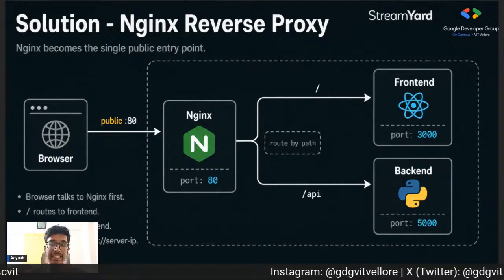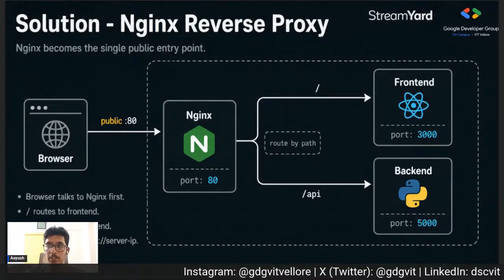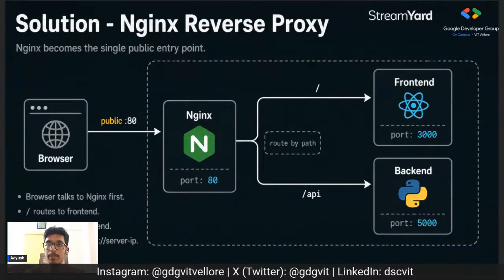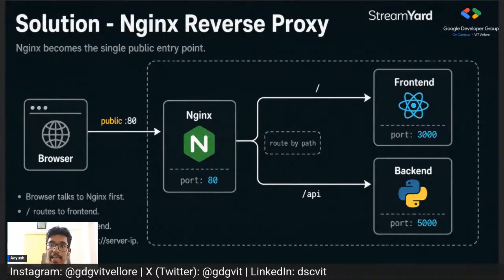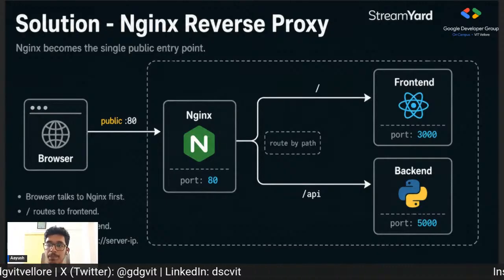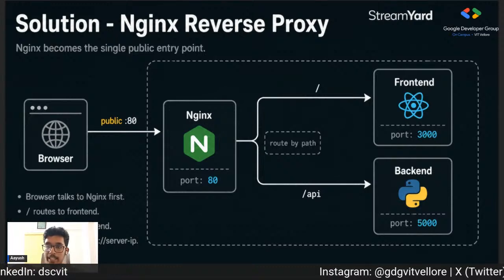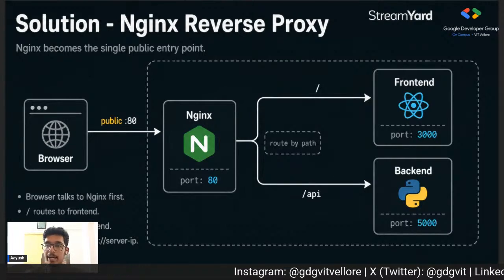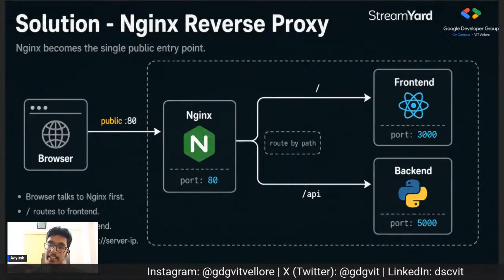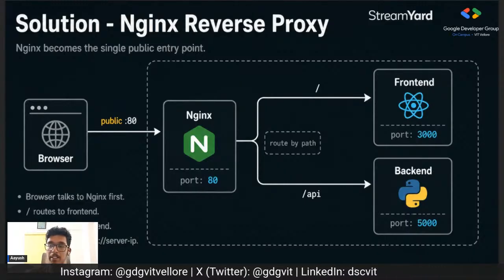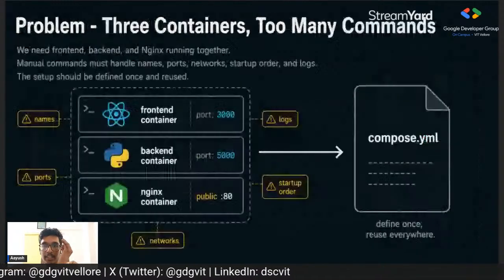So anything google.com/abc will go to the front end. But if we do something like google.com/API, Nginx will detect the API keyword and it will forward the request to the backend. So anything after API, google.com/API/XYZ, that request will also go to the backend.